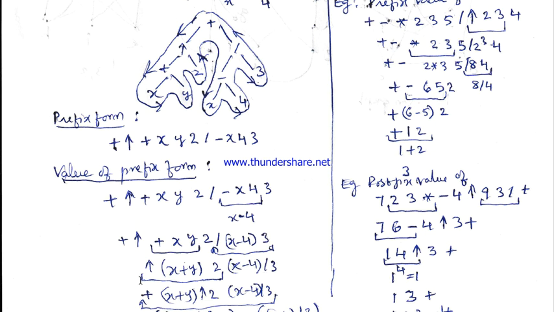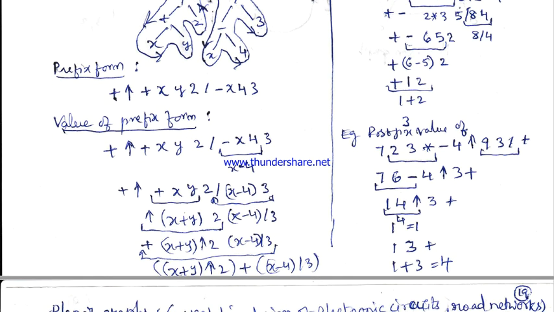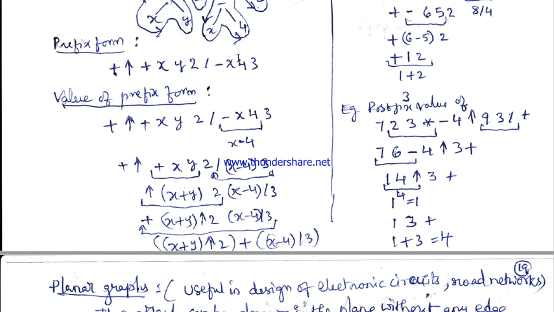Now after plus we have x plus y power 2 and x minus 4 by 3. The meaning is to add the expressions x plus y power 2 and x minus 4 by 3. If the values x and y are known, we would be able to calculate the particular value of this prefix form of the given expression from the corresponding binary tree.